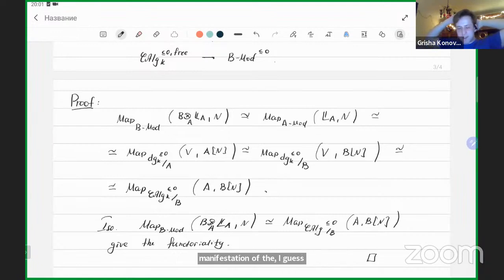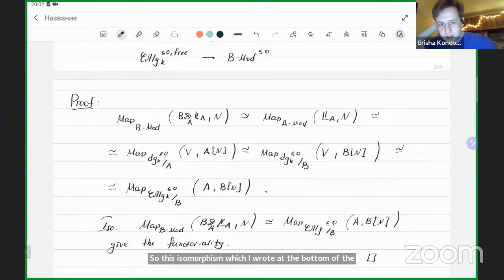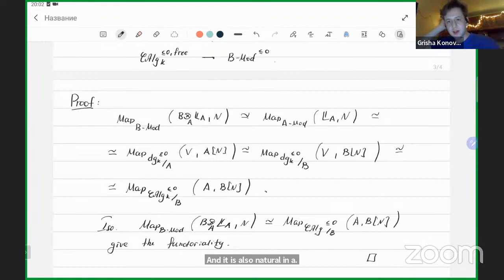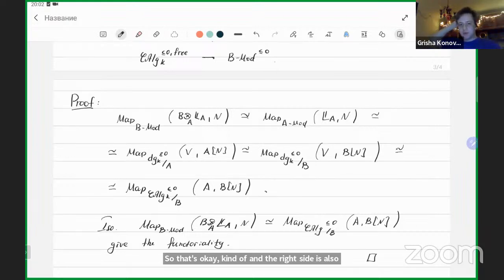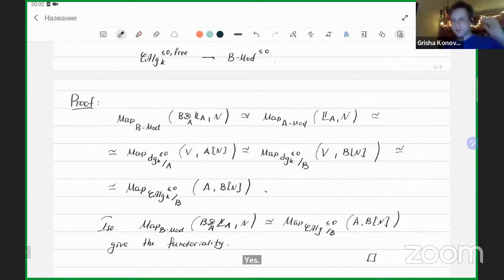So this isomorphism, which I wrote at the bottom of the screen, is natural in N, and it is also natural in A. And the right hand side is also natural in A. So that's what I want to use in order to prove that the left hand side is also natural in A. Yes. So this is something similar to the Yoneda lemma, I guess.